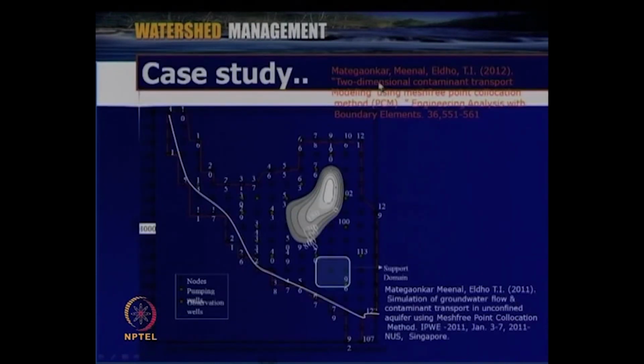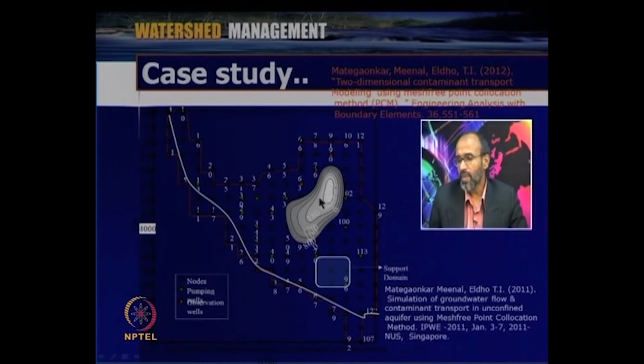As I mentioned, my student Meenal has developed a mesh free model. The details are given in this conference paper as well as this submitted journal paper. This is the domain which we considered for the mesh free model. This is the existing contaminant plume. Our aim was to find, after 10 years, how much the contamination will be spreading.